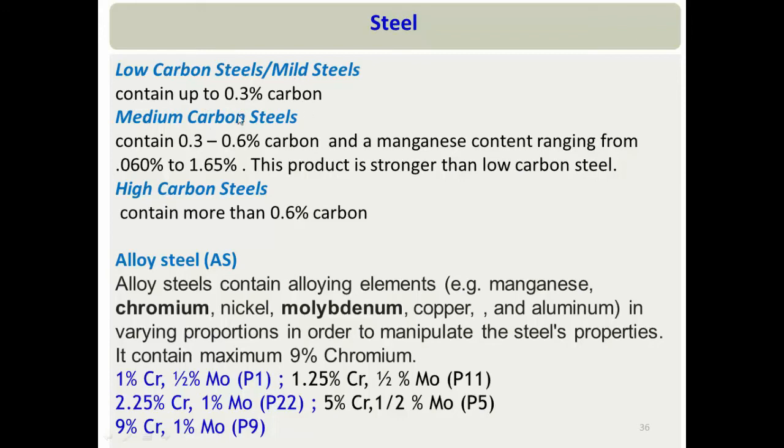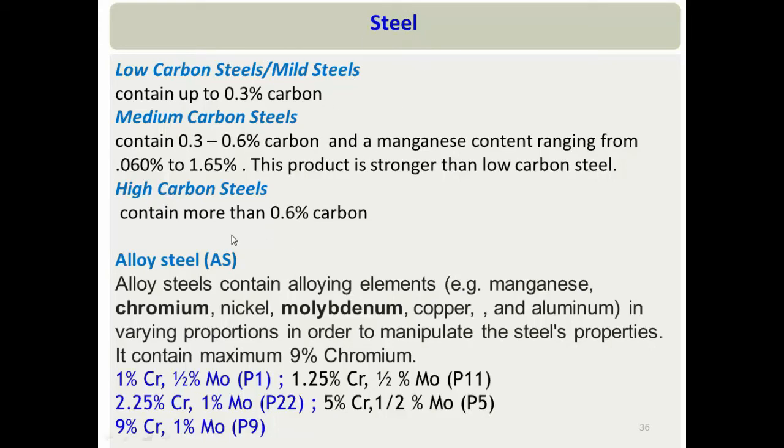Another is medium carbon steel, which contains 0.3% to 0.6% carbon, and high carbon steel, which contains more than 0.6% carbon. We have just discussed that high carbon steel has high strength and low ductility, whereas low carbon steel has lower strength, high ductility and better weldability.